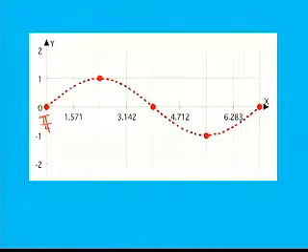And this 1.571 is our decimal equivalent to pi over 2. And so on. Here is pi. Here's 3 pi over 2. And here is 2 pi. So you can see the sine curve has already been shifted to the right by that pi over 4.